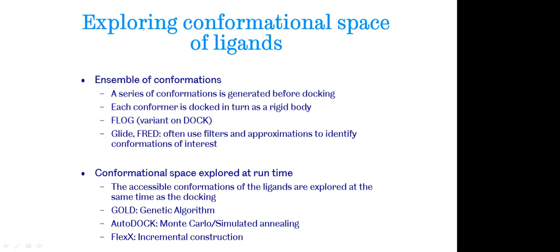Then a series of conformations can be generated before docking to the receptor, and each conformer is docked as a rigid body, then optimized or averaged to the conformations of interest. This is done in Glide also, which I mentioned is in Schrodinger.